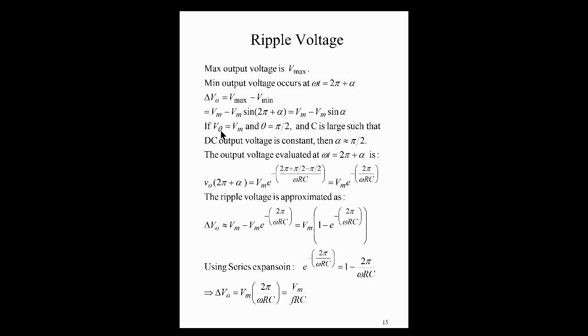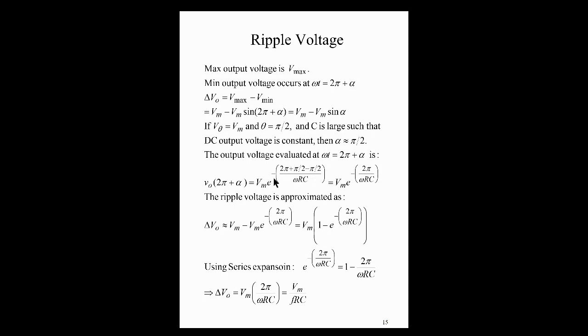And of course, let's make V theta equal to Vm and theta equal to pi by 2. So our capacitor that would be used should be large such that the output voltage is constant, right? So your alpha is going to be approximately pi by 2, right?